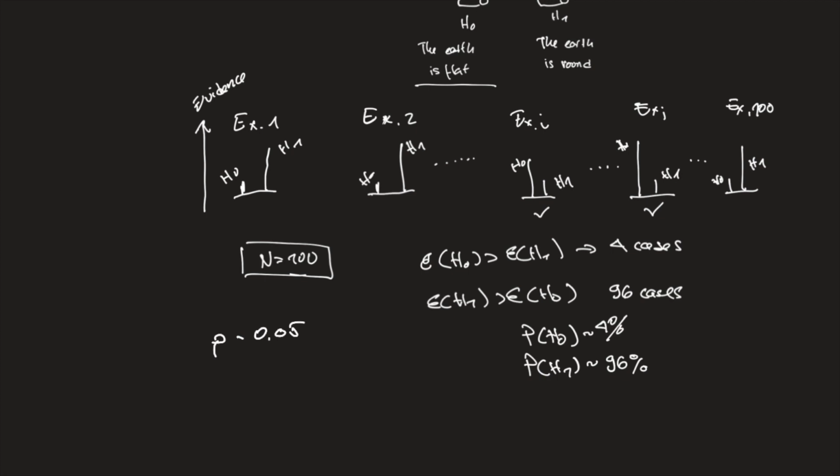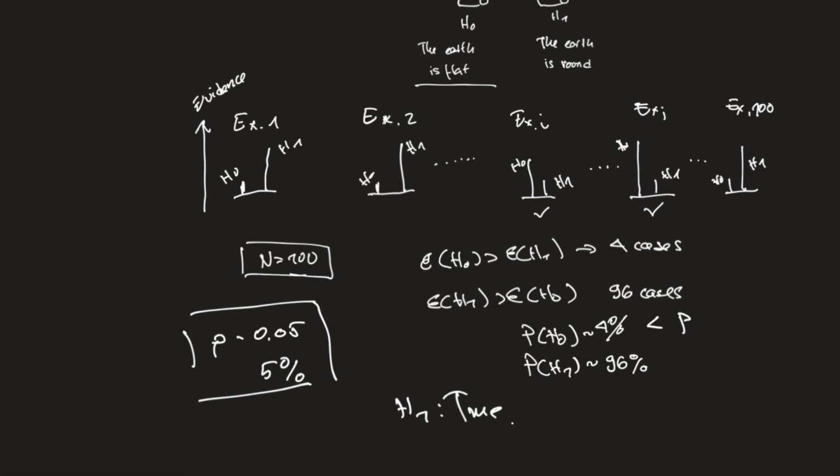Well, it means that this is a threshold, and we say that if the probability of observing H0 is below 5%, so if this number is smaller than the p-value that we fix a priori, then we say that hypothesis 1 is true.